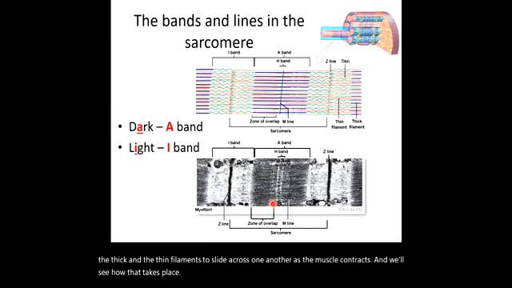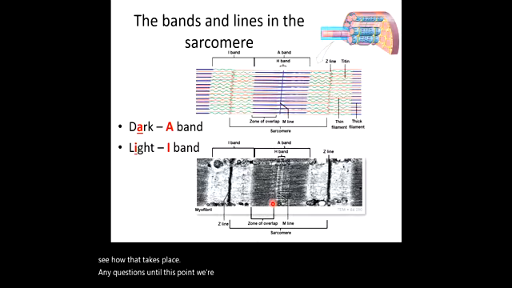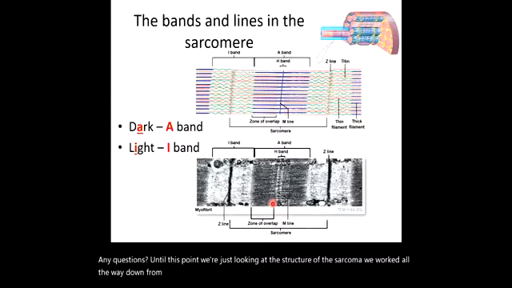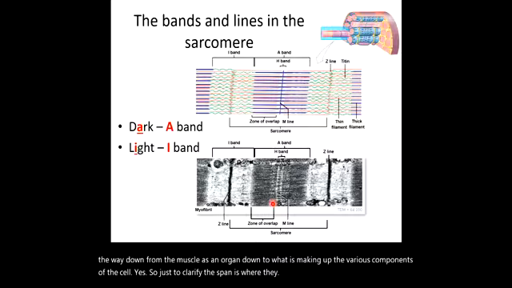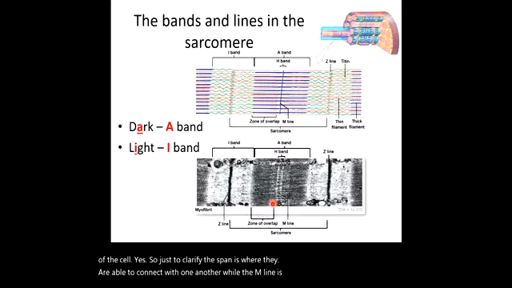Any questions up to this point? We're just looking at the structure of the sarcomere. We worked all the way down from the muscle as an organ to what is making up the various components of the cell. Yes? Student: Just to clarify, the H band is where the thin and thick filaments are able to connect with one another, while the M line is just where the thick filaments are connected together.